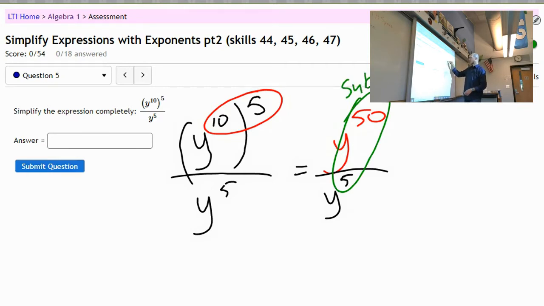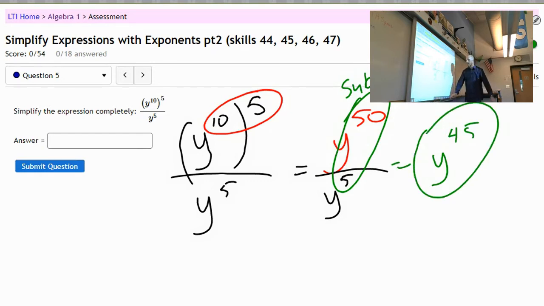Subtract these exponents. 50 is obviously the larger number, and that's in the numerator. So after I subtract 50 minus 5, I know that my answer is going to stay in the numerator because that's where the bigger exponent was. 50 minus 5 is 45. Final answer, y to the power of 45.